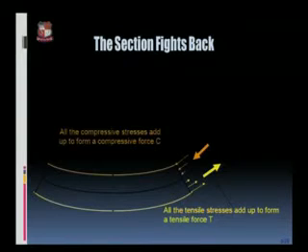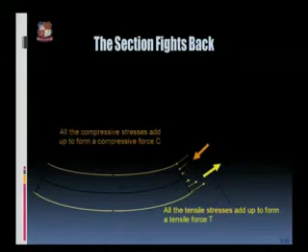You can see all the compressive stresses add up to form a compressive force C. Above the neutral axis, that is the black line, all layers are subjected to compression. If I assume a sagging bending moment, similarly all the bottom layers are subjected to tension.